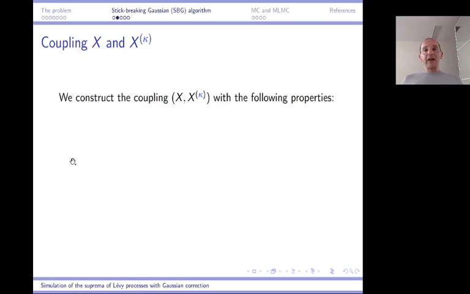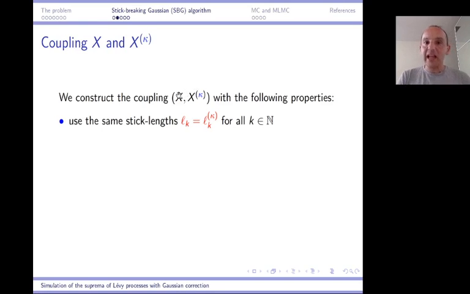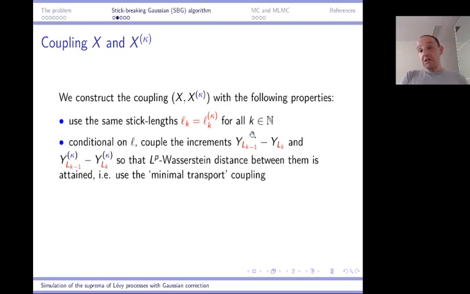Okay. Now, how am I going to compare the laws? Right? So I need a coupling. I need to devise a good coupling between the Lévy process and its Gaussian approximation that sort of respects this stick-breaking structure. Okay? So because the stick-breaking process itself is independent of the Lévy process, I can use the same stick-breaking process for the Gaussian approximation and for X. Then I can use the minimal transport coupling for the increments over the sticks for each of these guys, right?